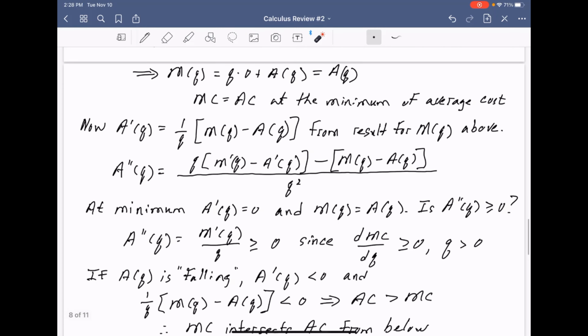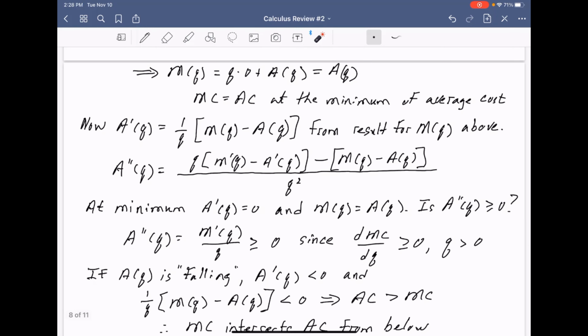So we take the second derivative of the average cost, which is simply the slope of the marginal cost divided by Q, and it's greater than or equal to 0 since this part here, which is equal to this, is greater than or equal to 0, and Q has to be.